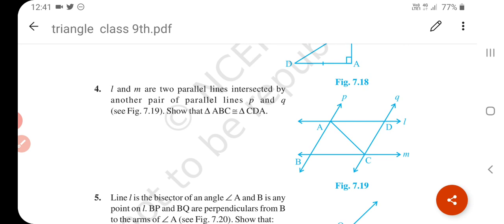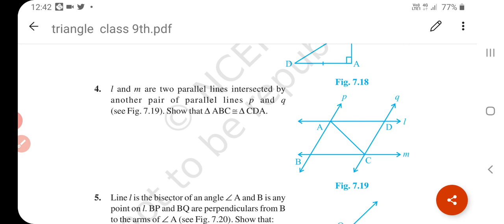L is parallel to M is given. If L is parallel to M, and any transversal is there, then you know corresponding angles are equal, alternate angles are equal, interior alternate angles are equal, and the sum of the same side interior angles is always 180 degrees, they are supplementary.